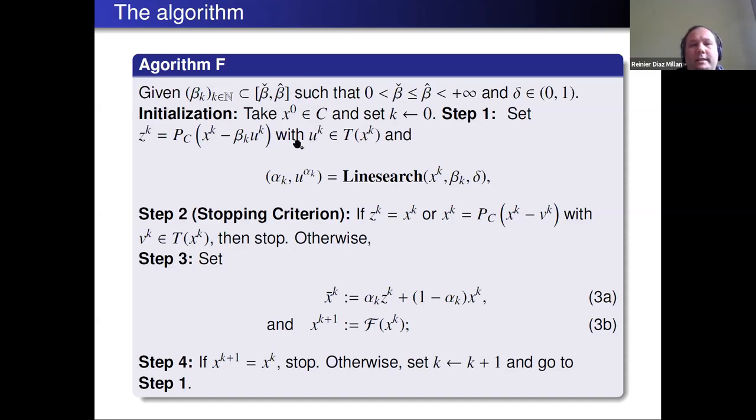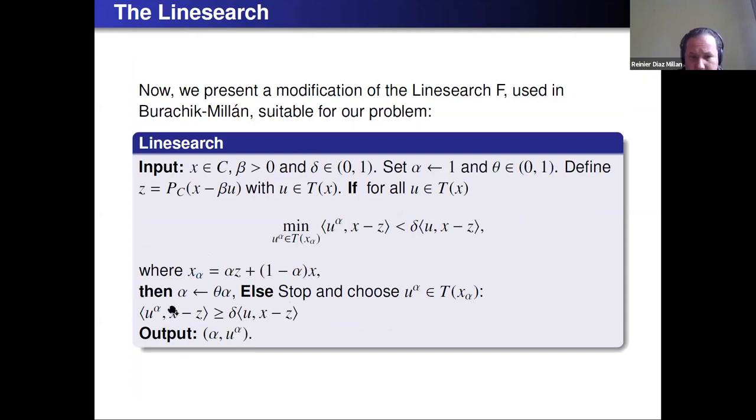And given the point xk, then u in T of xk, uk, will be the one that satisfies these conditions, okay? Because when this line search stops, we will have this inequality with u in T of x and u alpha in T of x alpha, okay?